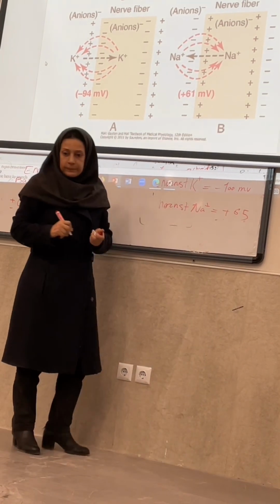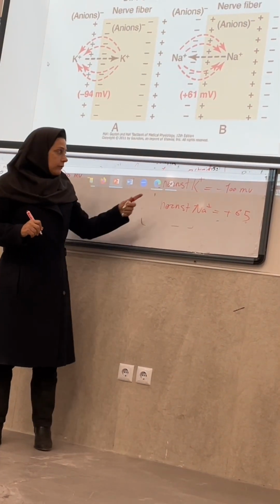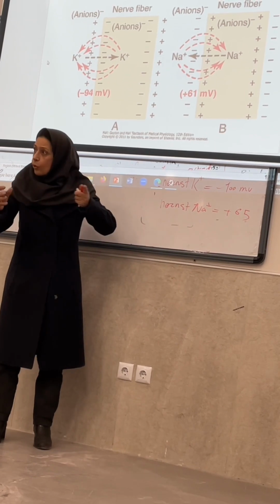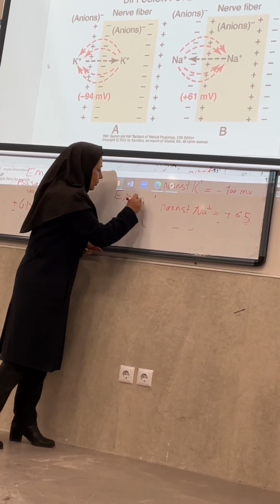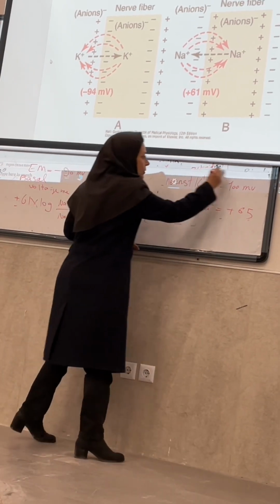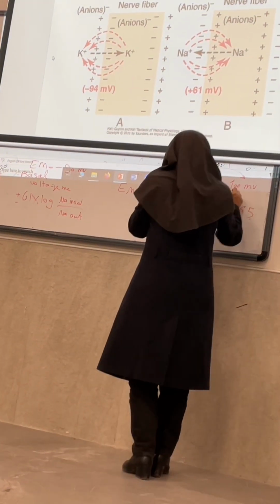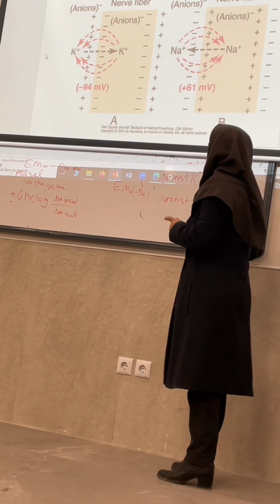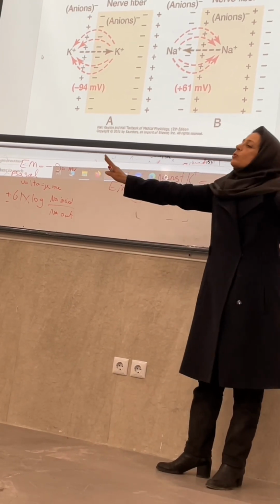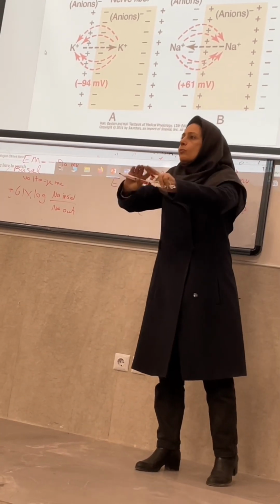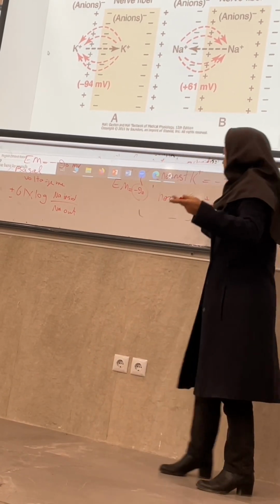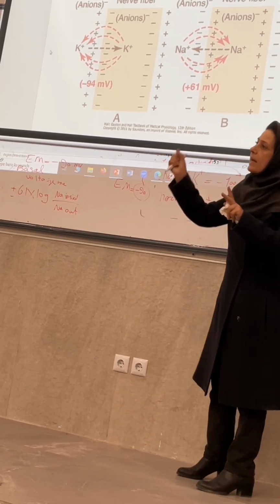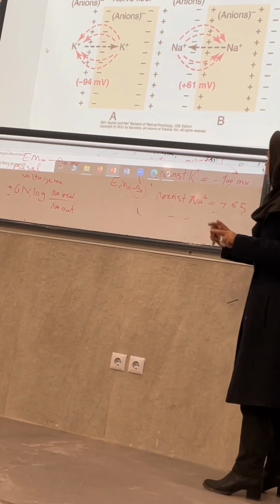What does this mean? It means that potassium wants to move so that EM, which is normally, for example, minus 90, reaches that number. After reaching the Nernst equation value of potassium, potassium is okay. It doesn't want to move anymore. So it's equilibrium for potassium. Every ion has a Nernst equation for itself.